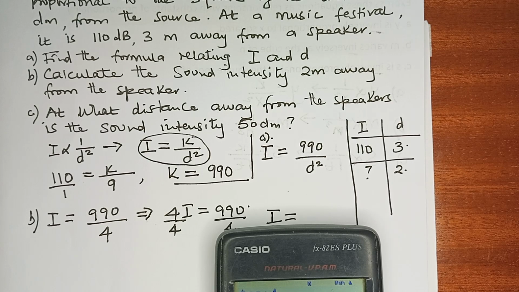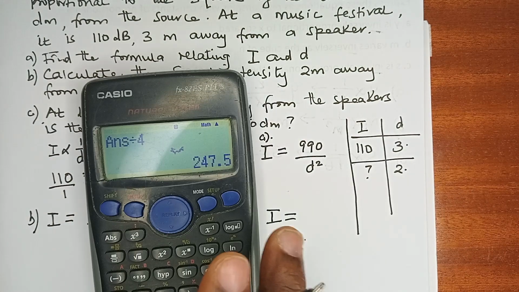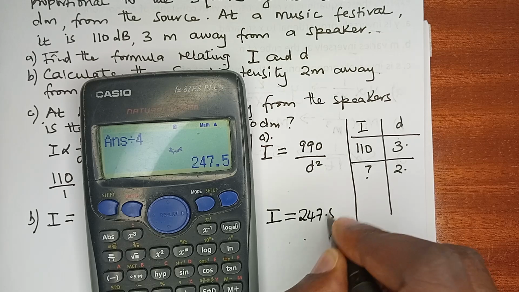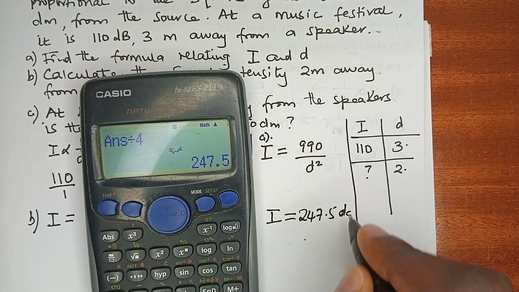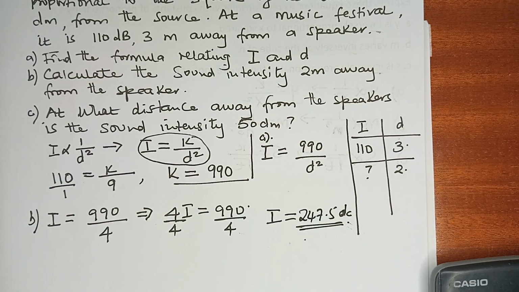So the intensity is 247.5 decibels, as you can see in the calculator. Let's call them decibels because D is supposed to mean the distance in this particular question.